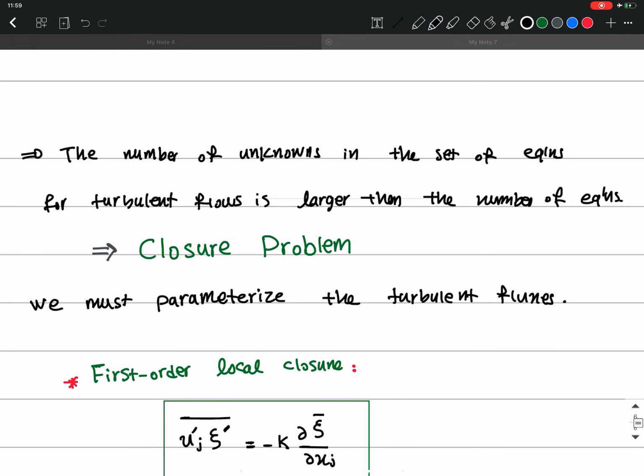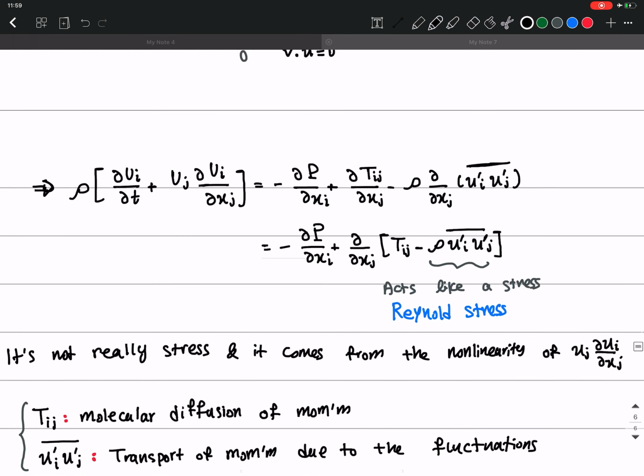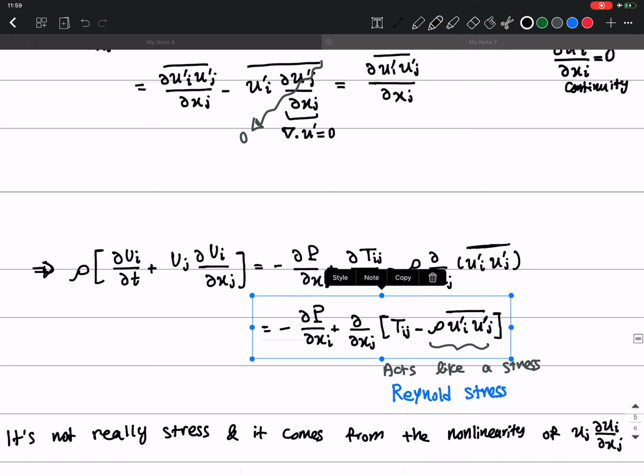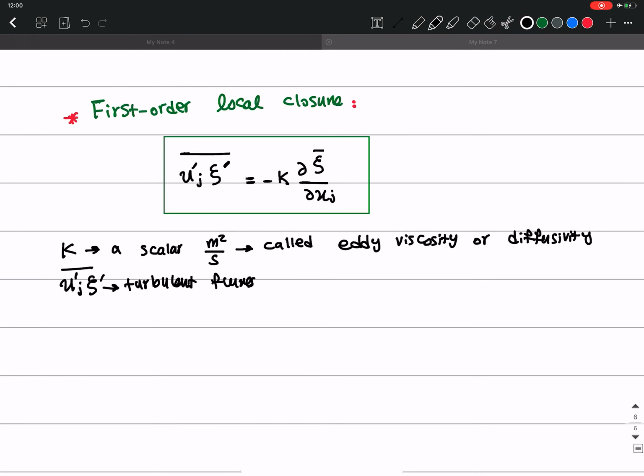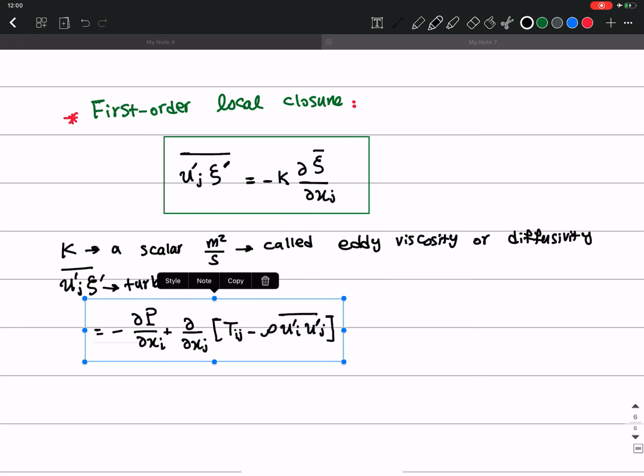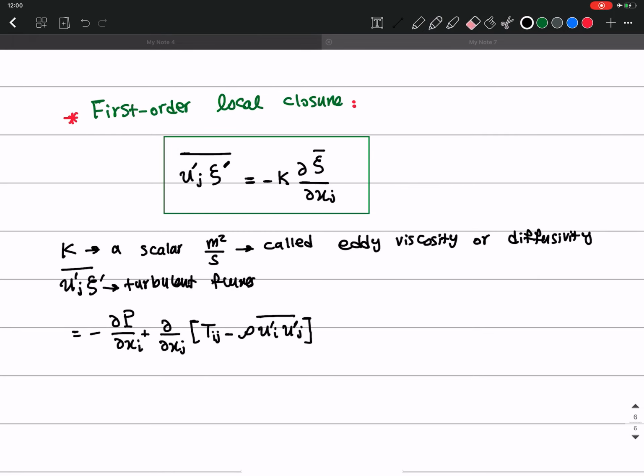And again, you can guess why this is called eddy diffusivity, because if you have this equation, let me just write this term of that.